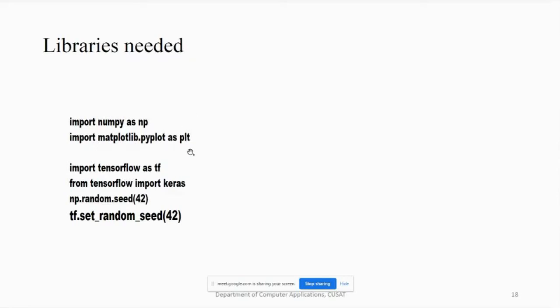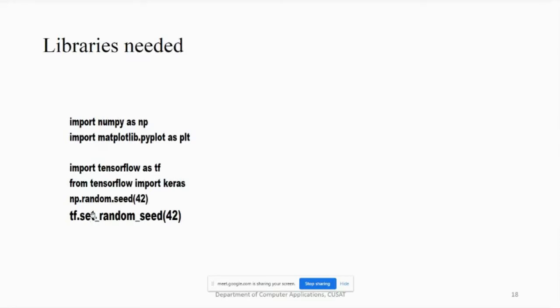That initialization process is done with the help of a random number generating function, which is available inside numpy, and we can access that function with np.random.seed(42). In order to reproduce the initial values, we can call this function with the help of a seed value.